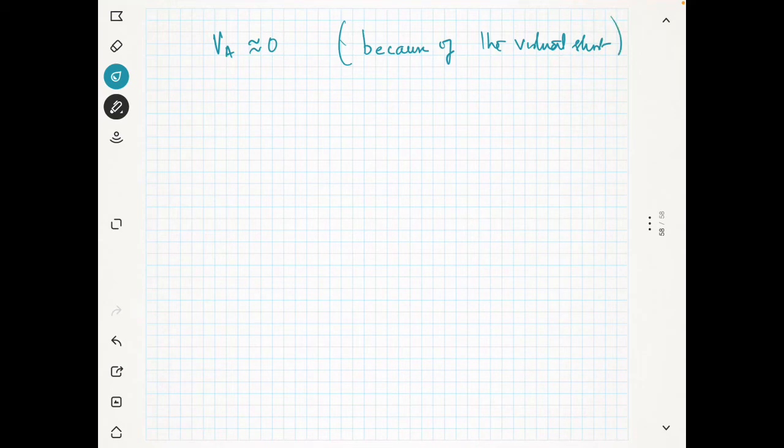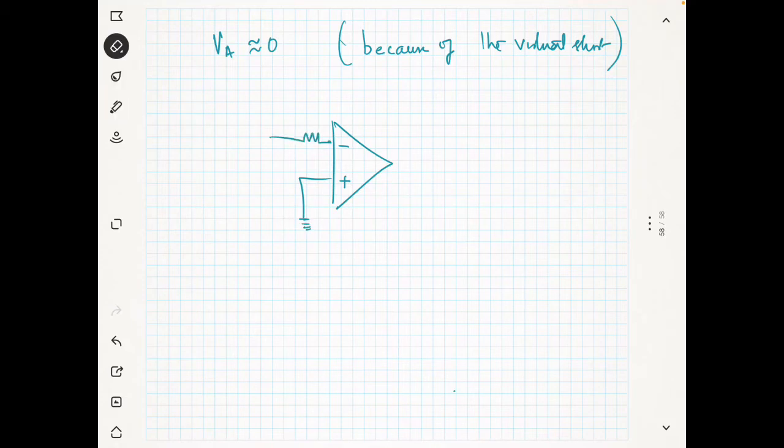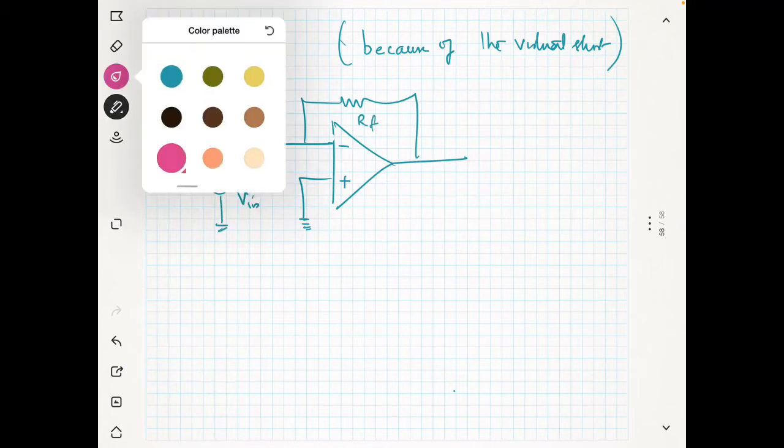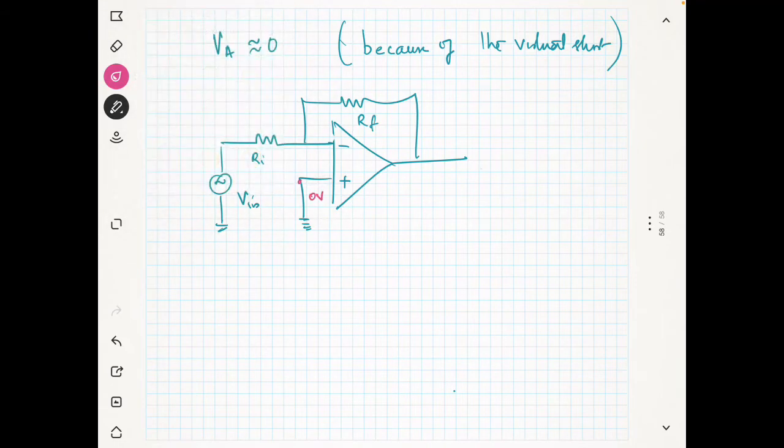So this virtual short, you see here that this is minus, this is plus. I will draw the circuit again. This is my RI, this is my RF. So V in, I told you this is 0 volt, so this is also 0 volt, and you know that 0 volt means it is the ground voltage.